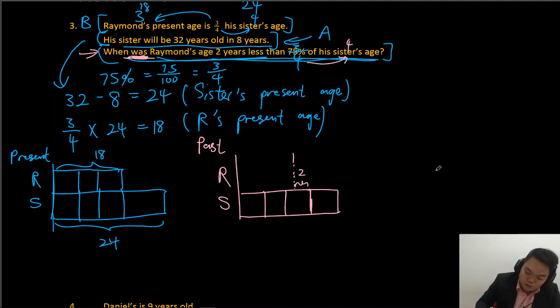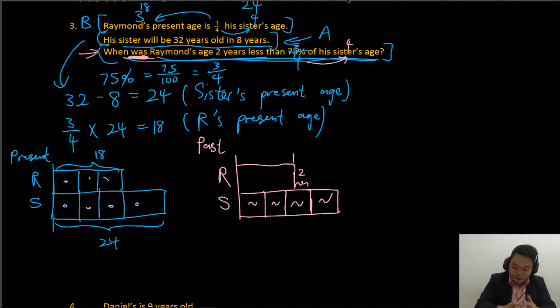Agree? So once upon a time, Raymond had this bar over here. It's worth noting that these pink blocks have a different length as compared to these blue blocks over here.